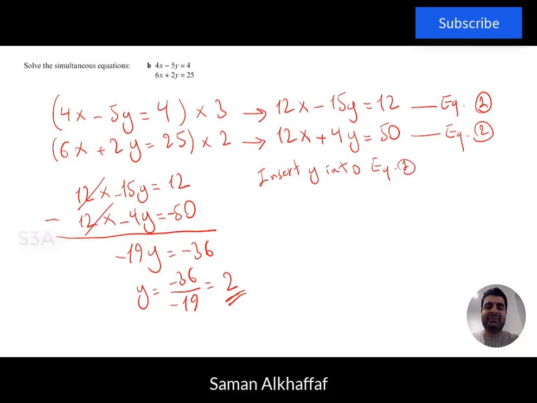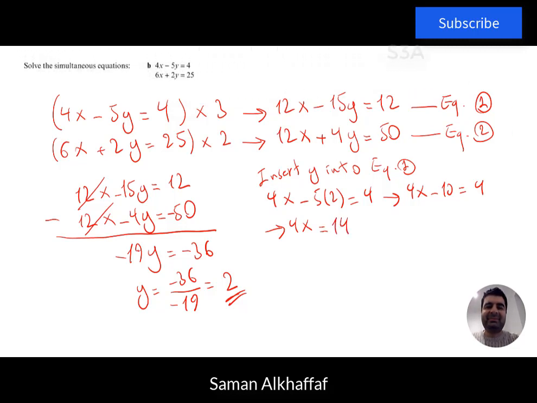So what we would have here is 4x minus 5 multiplied by 2 equal 4. So that would give us 4x minus 10 equal 4, and we would have 4x equal 14.